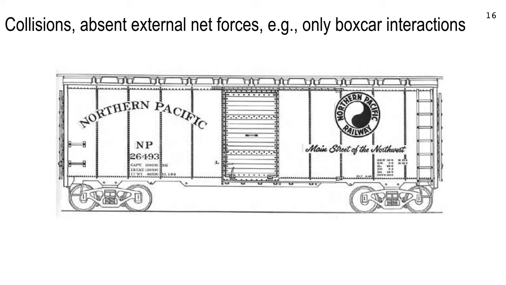Now collisions, like a bunch of boxcars interacting, are the next idealization of interaction. The primary idealization that I've been stressing is the skateboarders.